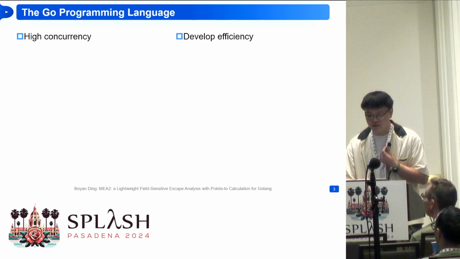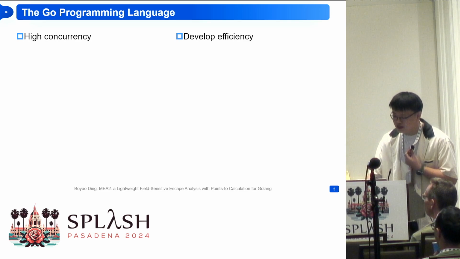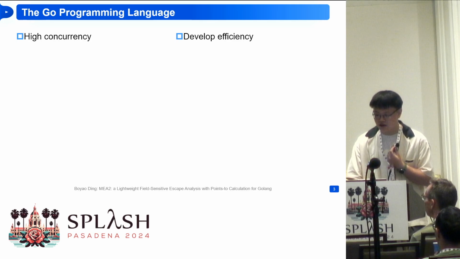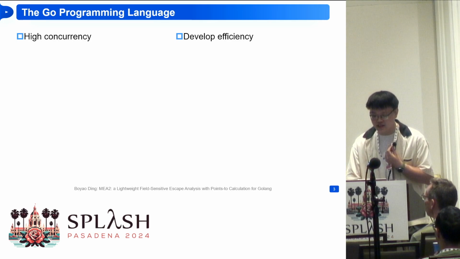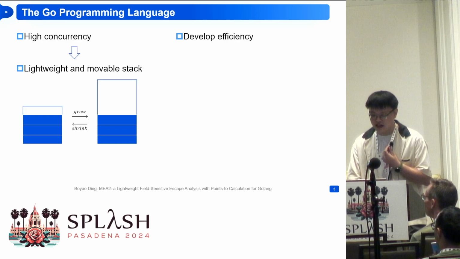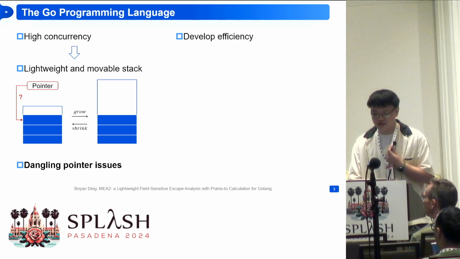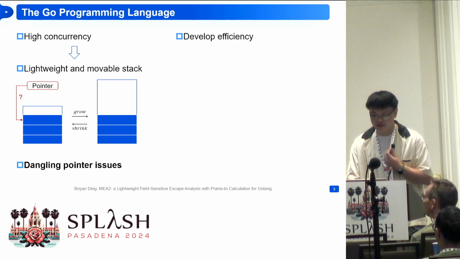Go is a young and popular programming language, and it has two main features: native support for high concurrency and efficient development. On the one hand, to support high concurrency, Go's execution unit, the Goroutine, is designed to have a lightweight and movable stack. The stack can dynamically grow and shrink during runtime as needed. However, this increases the chances of dangling pointers in the program.